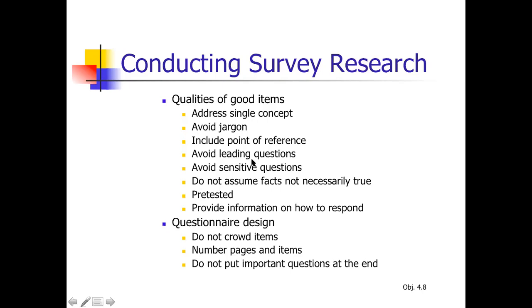And these are some kind of factors that may affect the quality of the items of your questionnaire. I would like to address this one, pre-tested. Usually when you have developed your questionnaire, do not use it directly in the field for your research. Try to pre-test that.